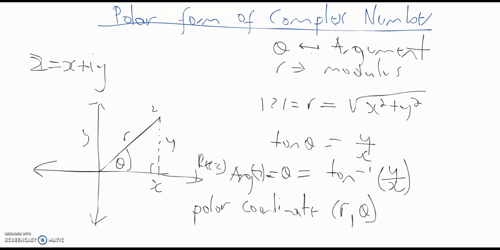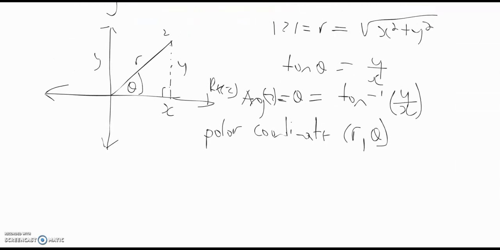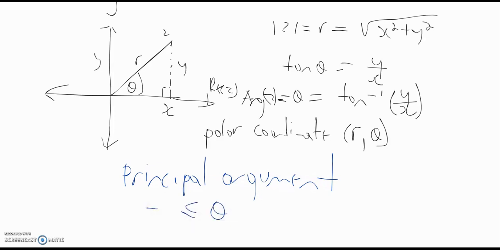Now, where this particular syllabus is concerned, we don't only talk about the argument, we talk about what is called a principal argument. Let me go down a bit. We use what is called, let me change the color here, the principal argument. And the principal argument, theta, is between negative pi and pi.